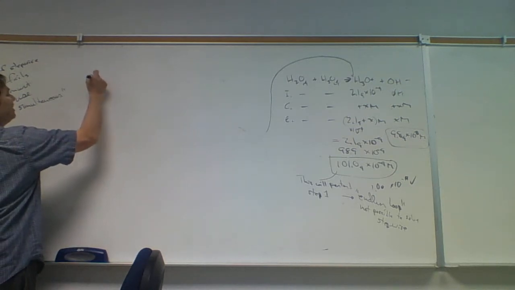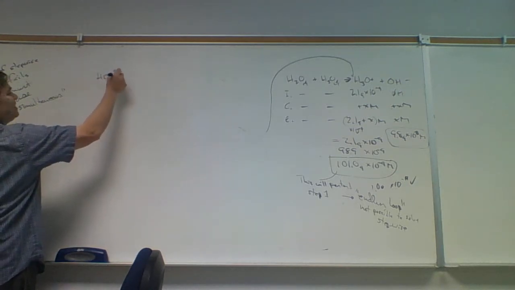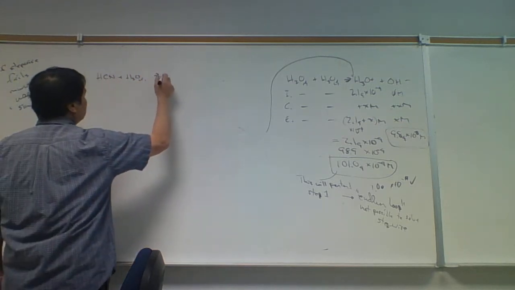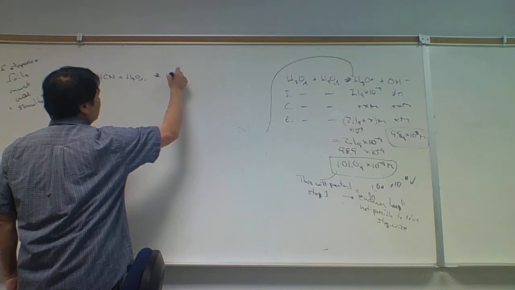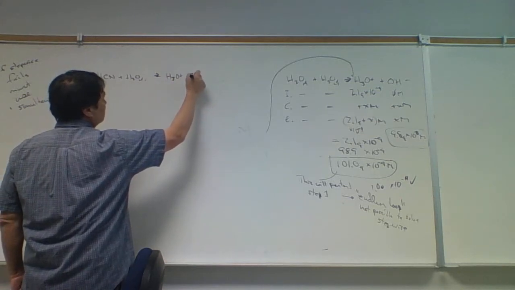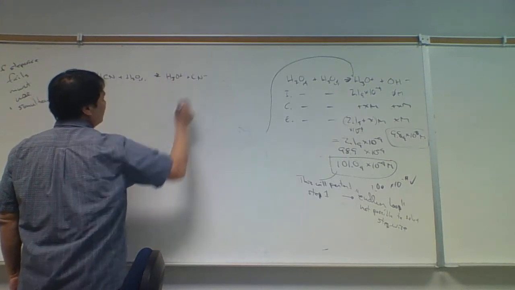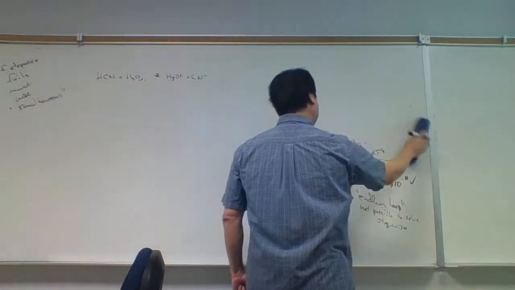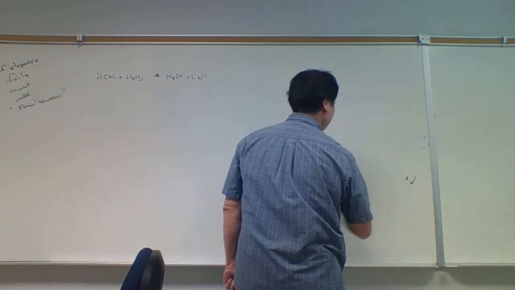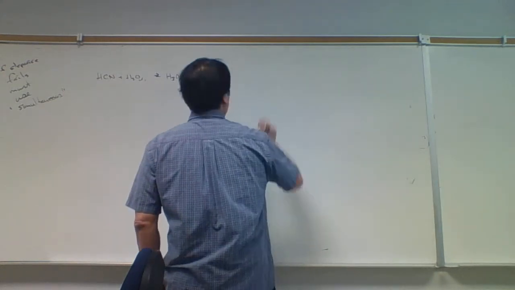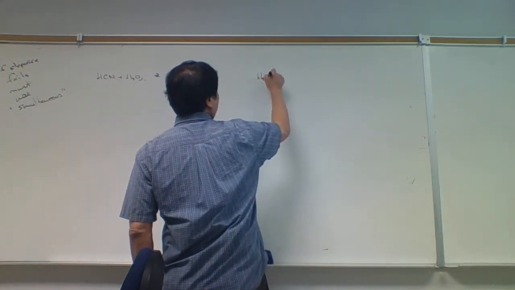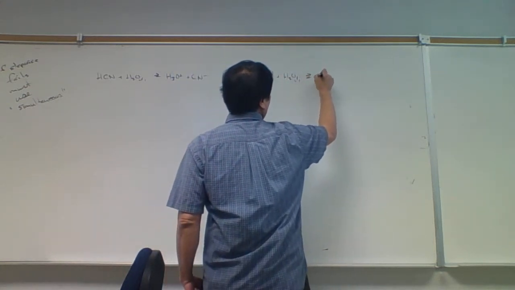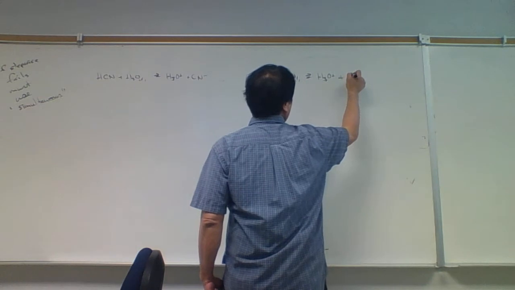So, for example, here, HCN plus H2O liquid is going to go to H3O plus cyanide. At the same time, we need to solve H2O liquid plus H2O liquid. This goes to hydronium plus hydroxide.